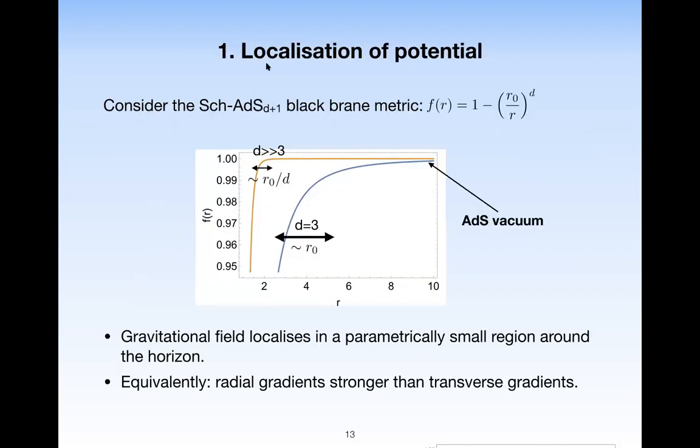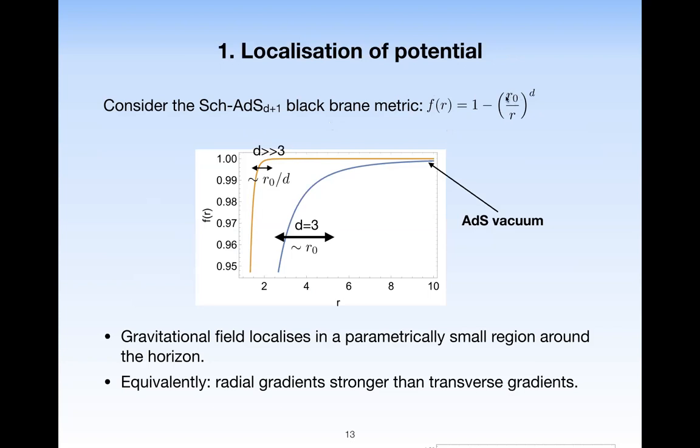So the first argument has to do with the localization of the gravitational potential. If we consider the simplest black brane solution in ADS, that's the Schwarzschild ADS, and it's effectively given by the blackening factor that I write here, F. R is the radial direction in ADS, and in these coordinates, the boundary is located at R going to infinity.